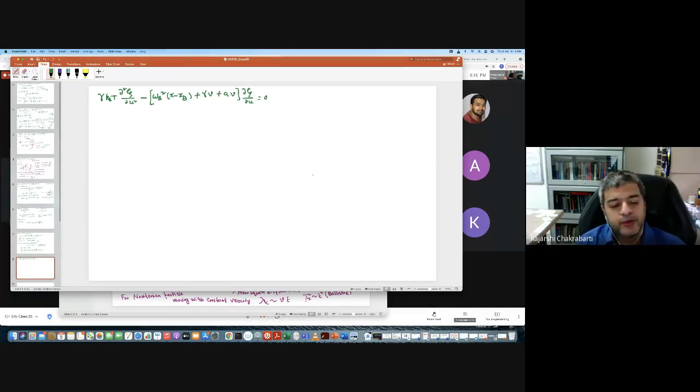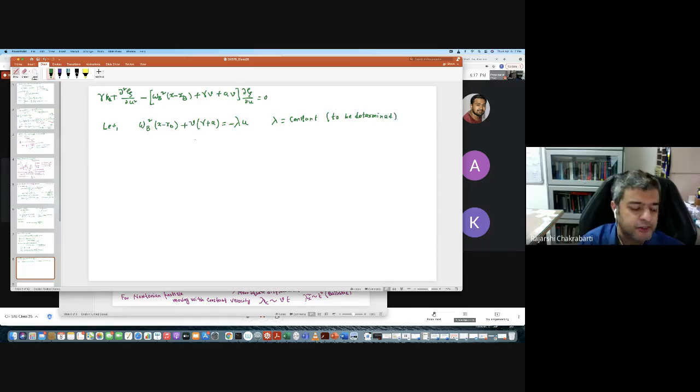So after this, we did a little bit of algebra again. Let this quantity omega b square x minus xb plus v gamma plus a equal minus lambda u. Okay, I assume this is minus lambda u. This is a constant. This constant we have to determine later. If this is the constant, then what will happen?